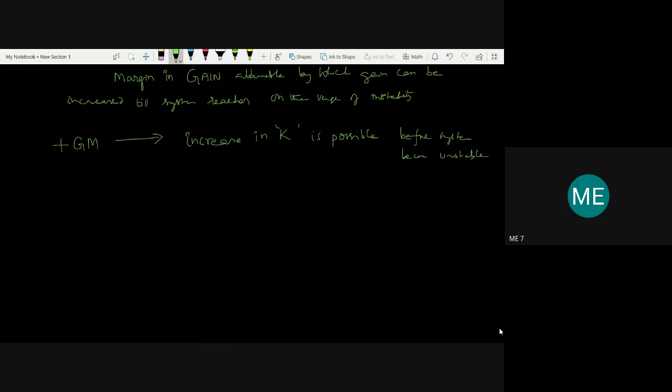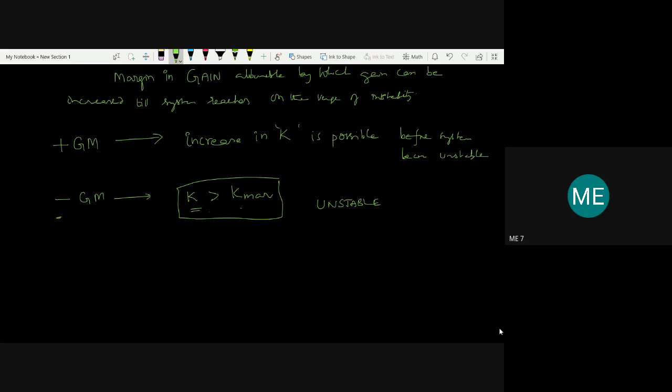So here, as the system is stable. And if you have negative gain margin, K is greater than K marginal. When K is greater than K marginal, we can say the system is unstable in nature.